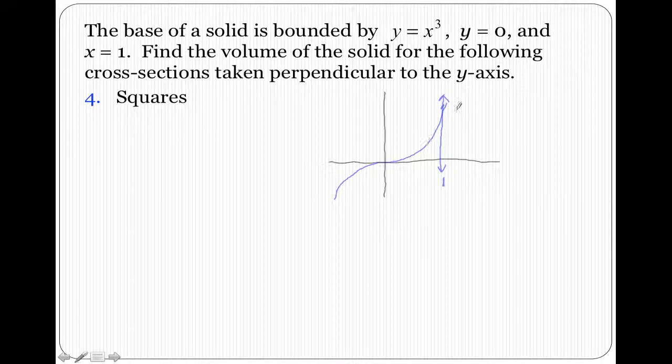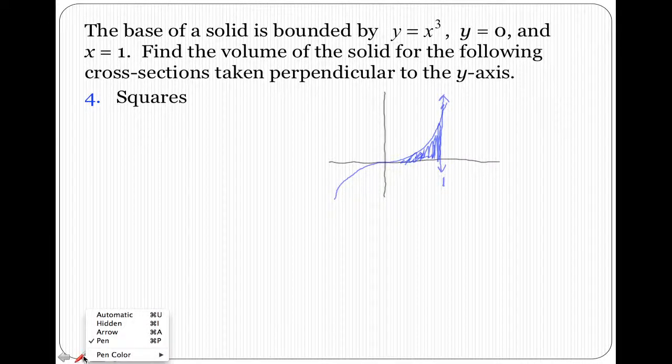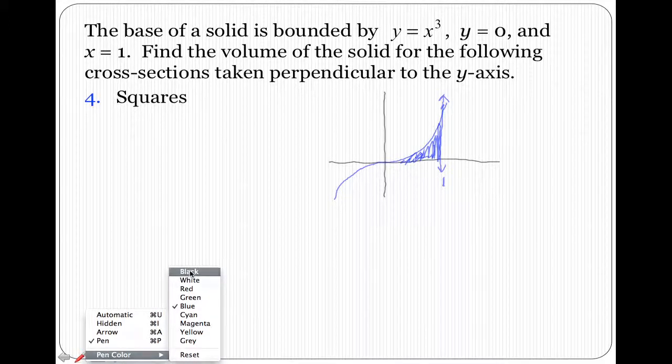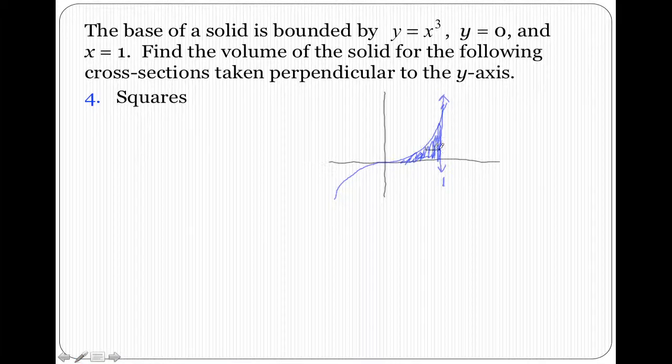So if it's bounded by the curve and the line x equals 1 and the x-axis, we're talking about this part right here being the base of your figure. So if we think about our representative rectangle, but remember our cross sections are now perpendicular to the y-axis, they're going this way. So as we go to find the length of our base, this time we're going to be doing right minus left. So first type of cross section are squares.